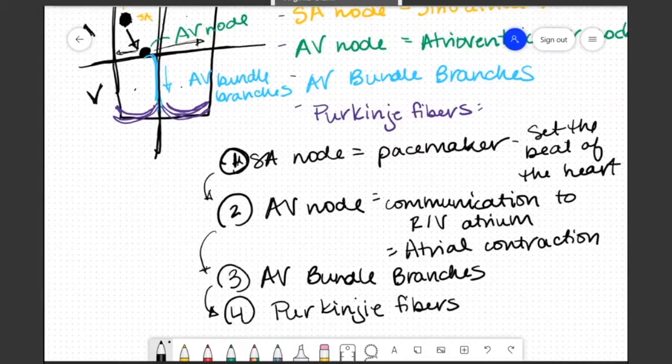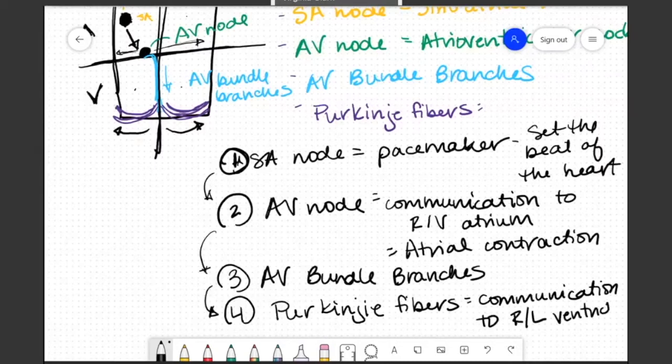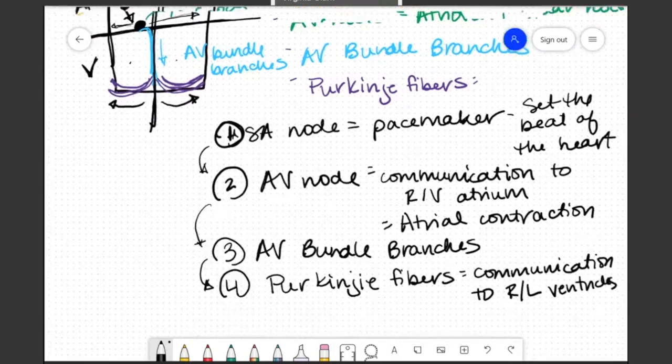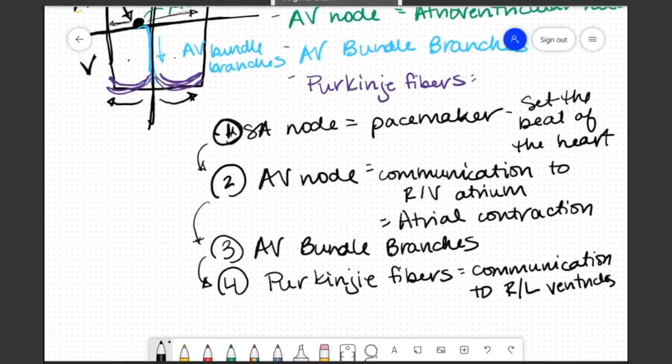And just like the AV node was sending communication to the atria, the Purkinje fibers are sending communication to the ventricles. And he's specifically also doing the right and the left ventricles. So it's cupping the bottom of the heart, and it's cupping the myocardium at the bottom of the heart.